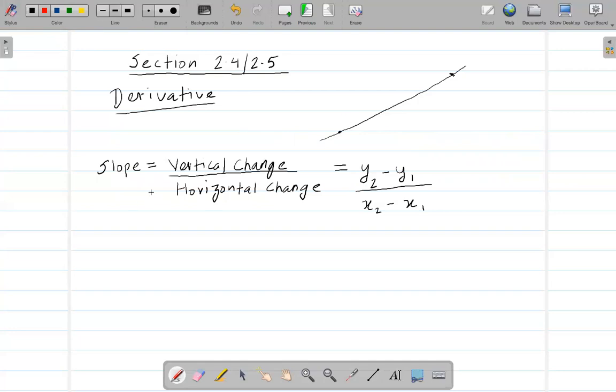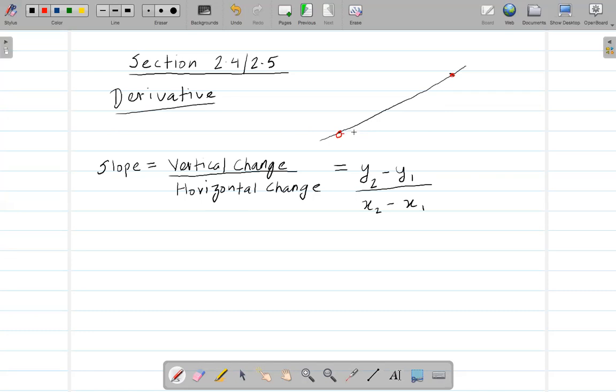We have talked about this, and probably you have done it in college algebra or an algebra course. A line is given, and we have 2 points. If I want to find the slope of this line, the idea of the slope is vertical change over horizontal change.